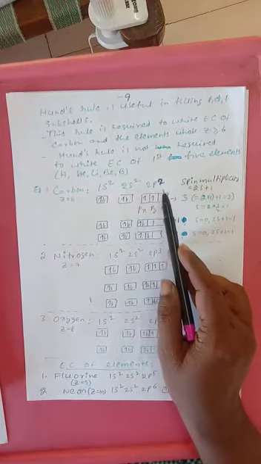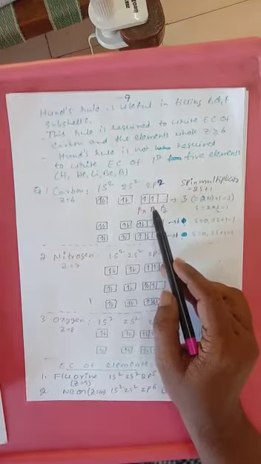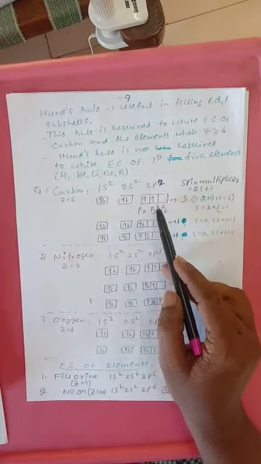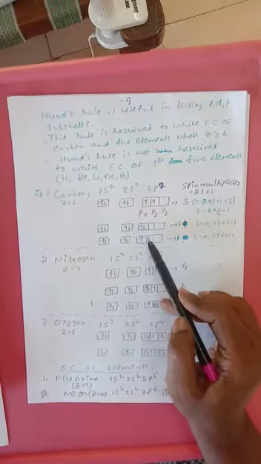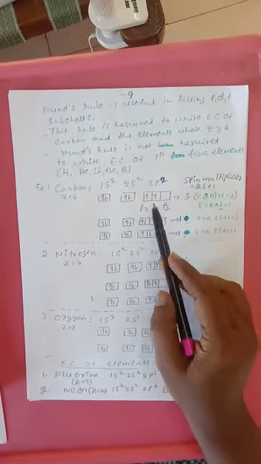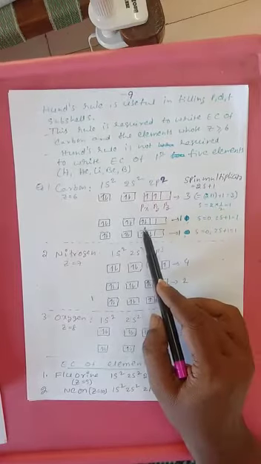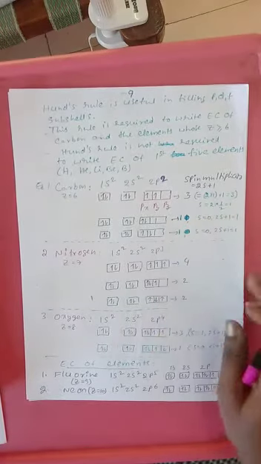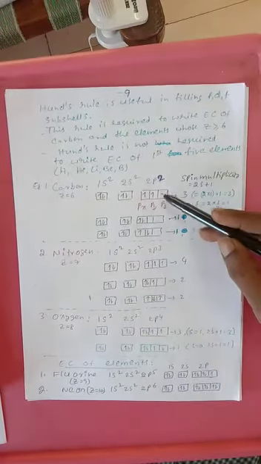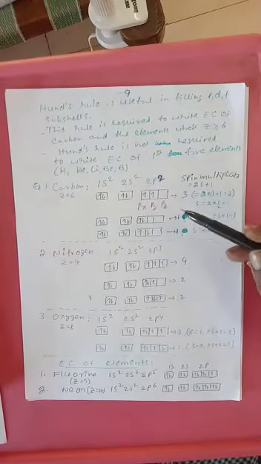For the two electrons to be filled in degenerate orbitals, there are three possibilities. I have written them like this: this is one possibility, this is another, and this is the third. So we have to calculate spin multiplicity for all of these.